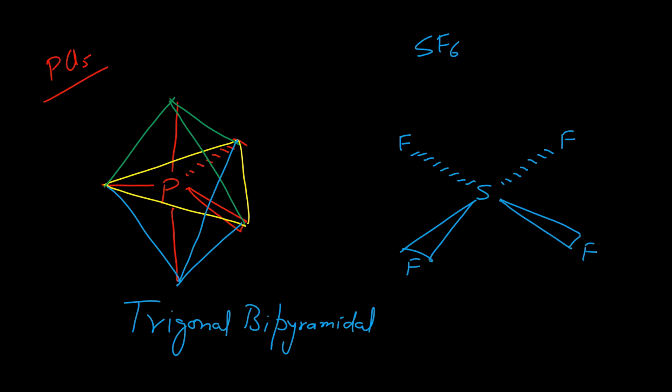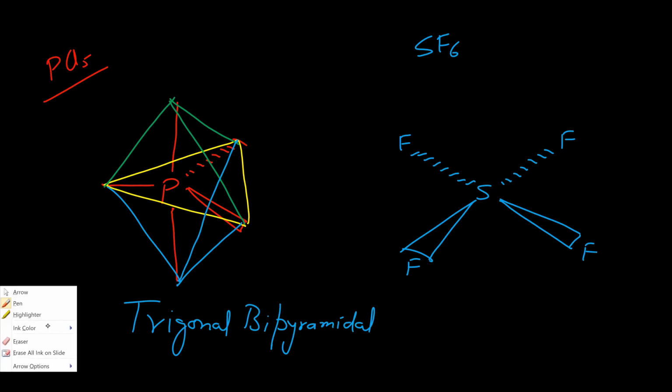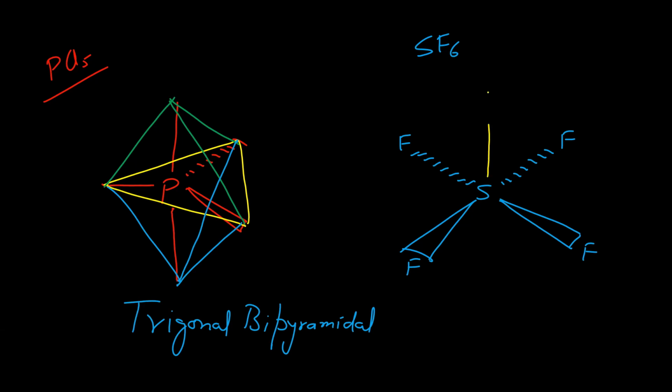So this is square planar, but this square planar is possible only if we have 6 bonds, so one bond will be upward and another one downward. The only difference here is that instead of a trigonal plane, we now have a square plane.